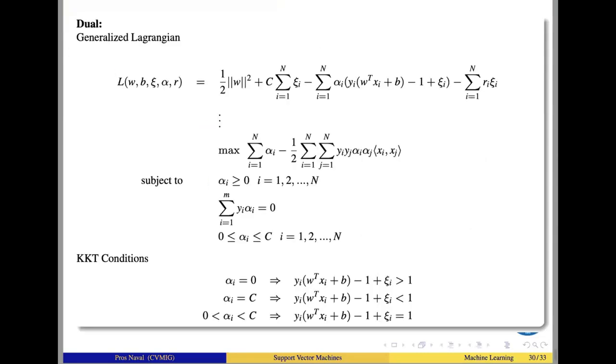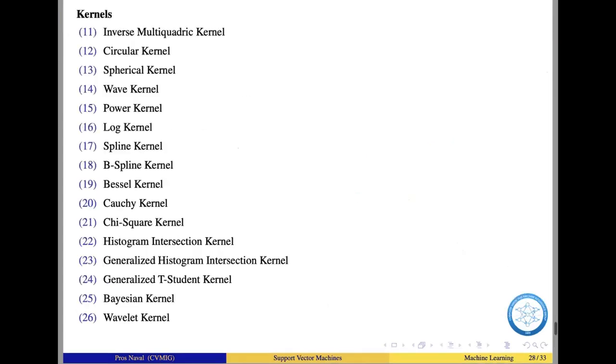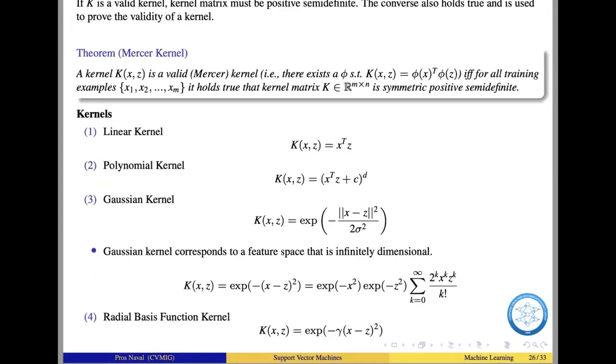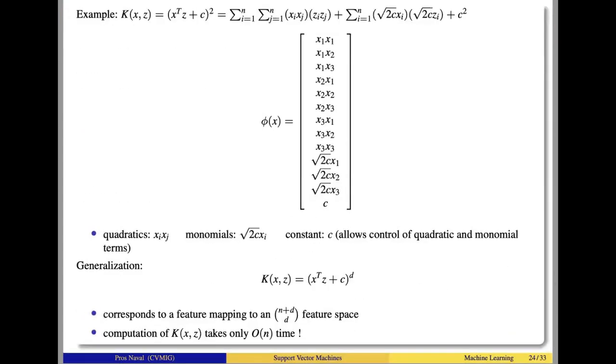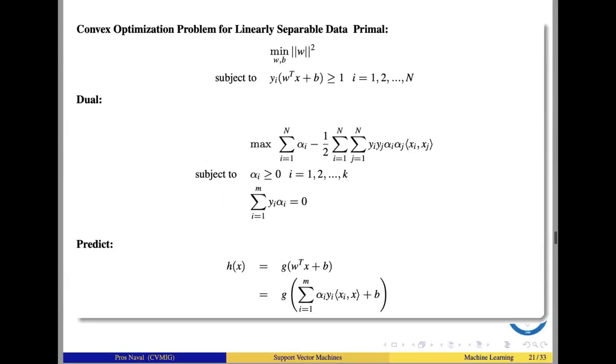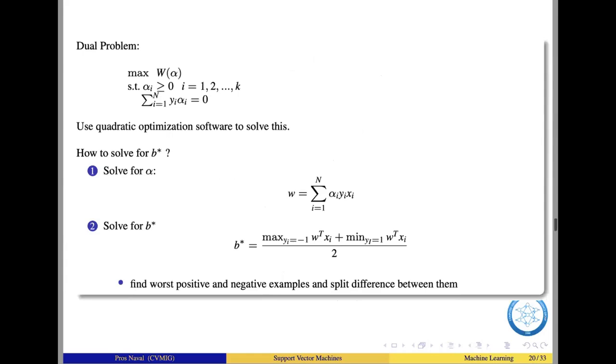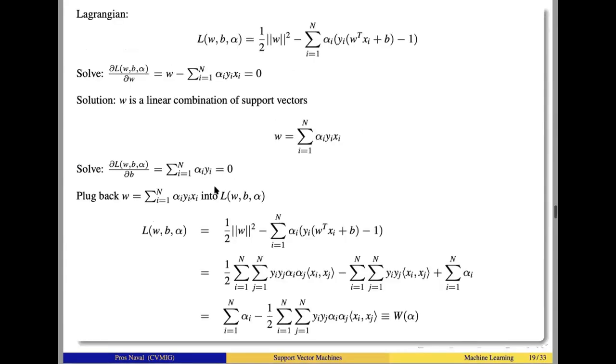So we have our optimization problem, which is this. Okay, W of alpha is equal to this quantity here.